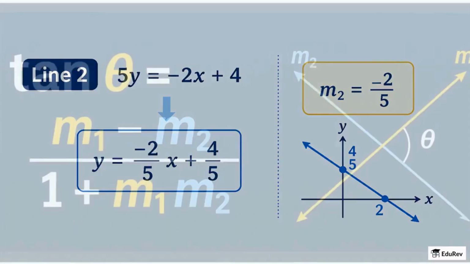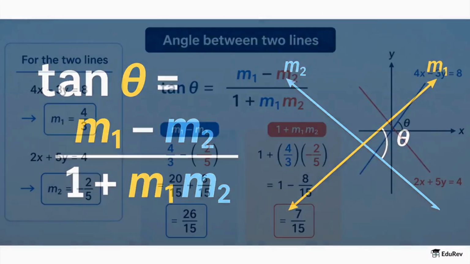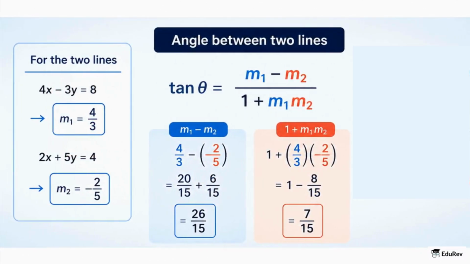Now tan of the angle equals (m1 minus m2) divided by (1 plus m1 times m2). Compute m1 minus m2 as 4 divided by 3 minus negative 2 divided by 5, which equals (20 plus 6) divided by 15.